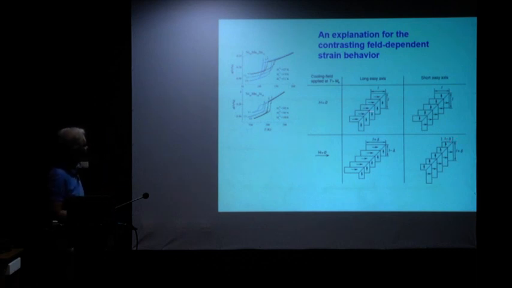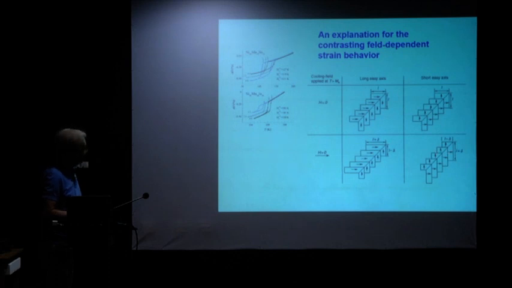Now let's try to see that from the data again. Let's look at the case of the short easy axis. We have an initial length of L, and then when we go to the new phase, this is the cubic phase, this is the tetragonal phase.